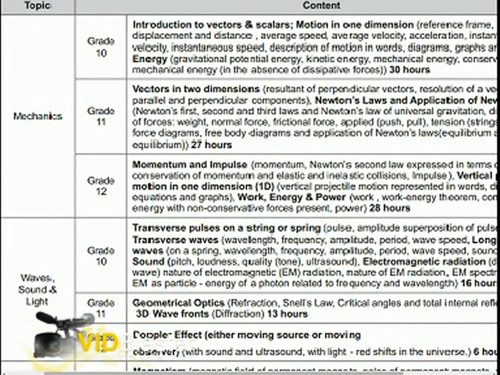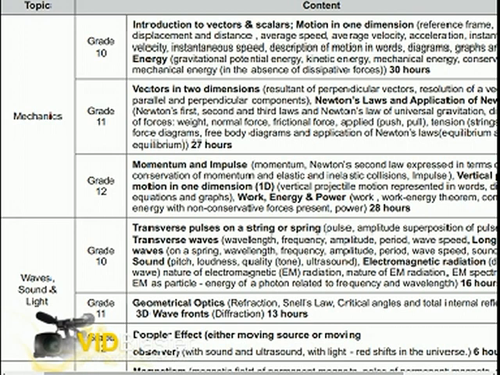Okay, so then what you do is you go back to that page 10, and it tells us what's all of the content that should be covered in grade 10 mechanics. So you go through that list, and those are all of the things that you can ask questions on. And you need 75 marks worth for that.